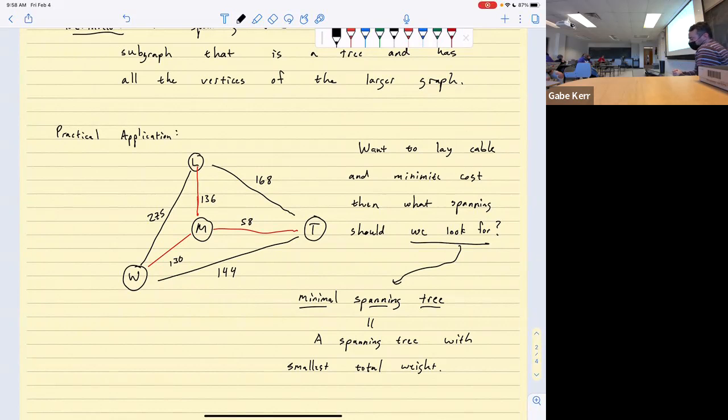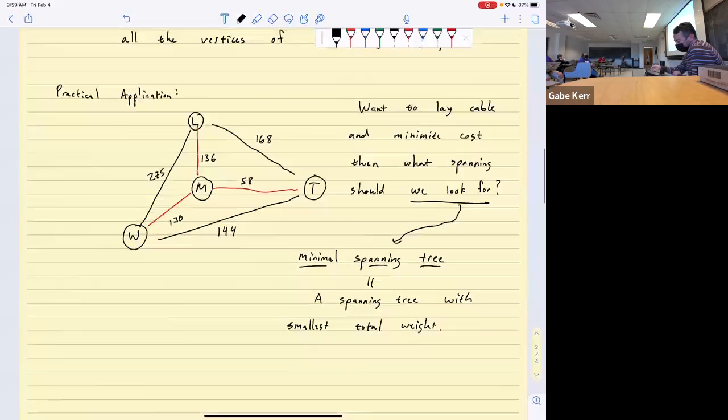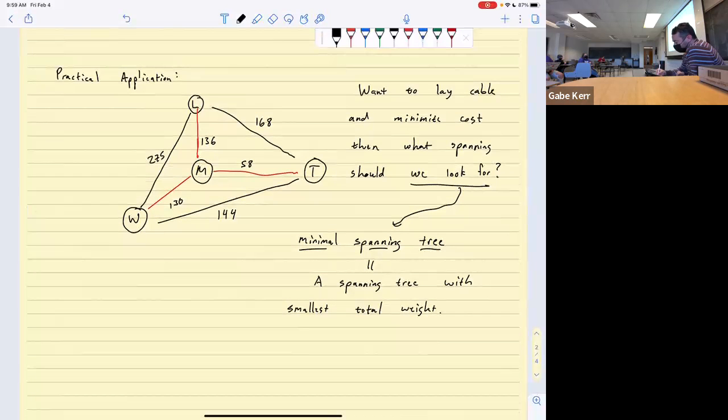And here it is. We're going to give you a spanning tree that has the maximal total weight. You won't say that part. So, seller of cable, propose maximal spanning tree.